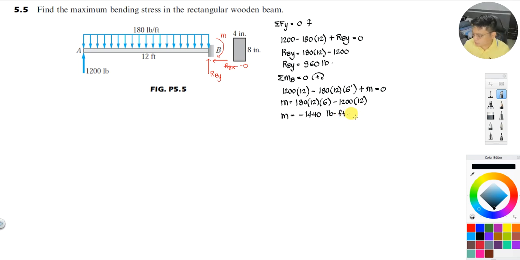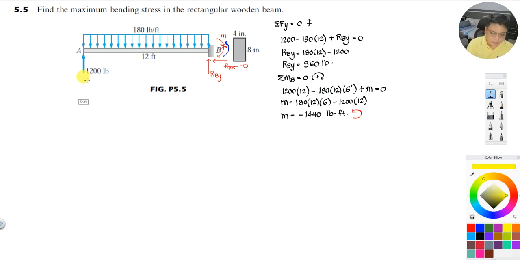Okay, so what does it mean to have it na negative? Siya pala ay counterclockwise. Okay? So, kasi kinonsider natin as clockwise eh. So, ito pala, this is wrong. Okay, this is wrong. Ang tama pala niya is counterclockwise. Okay? So, now we can now draw the shear and then the moment diagram.